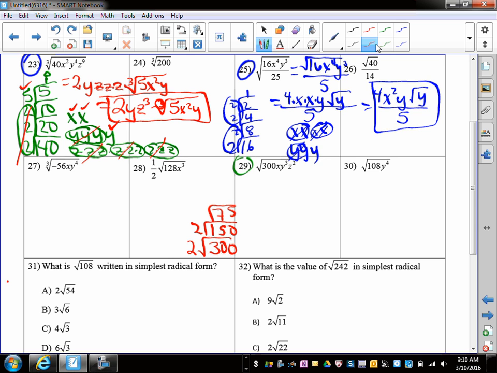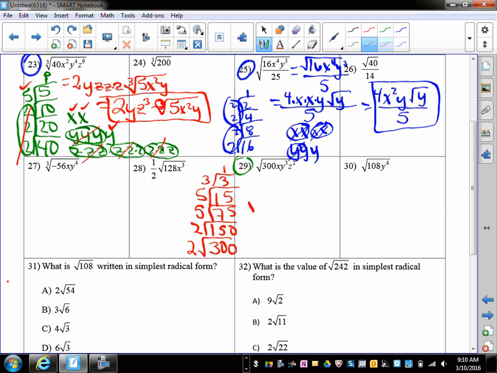That's not it. We can totally break down 75. Remember, anything that ends in a 5 or 0 is divisible by 5. Oh, 15. 5 and 15. Can we break down 15? Yeah, by 5. By 5. And 3 divided by 3 is 1.